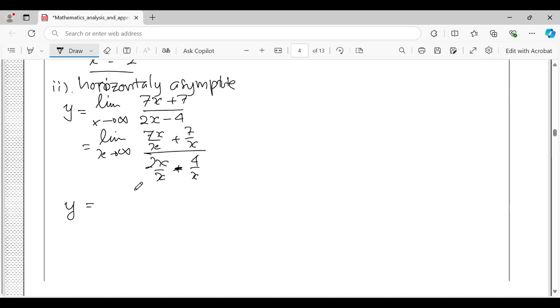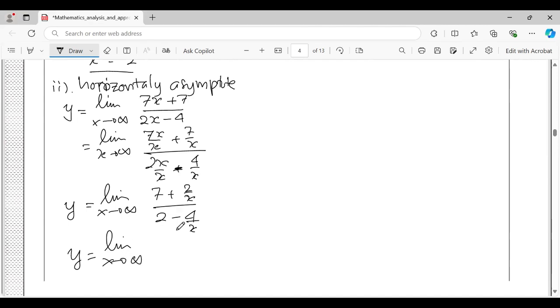So y equals limit, and this is 7 over 2 minus 4 over x, and limit x approaches infinity, so it becomes (7 + 0) over (2 - 0).